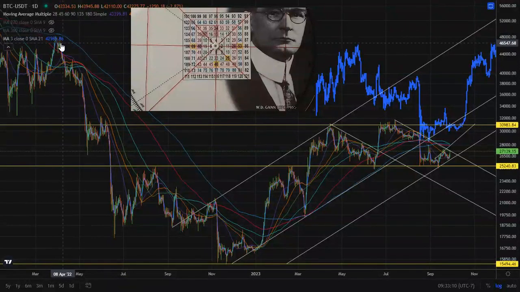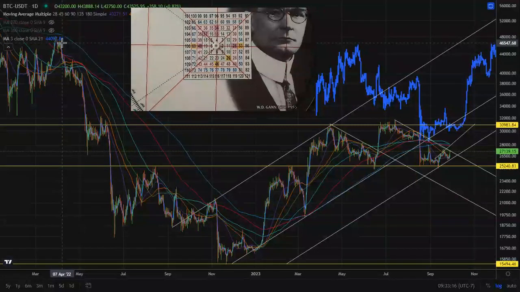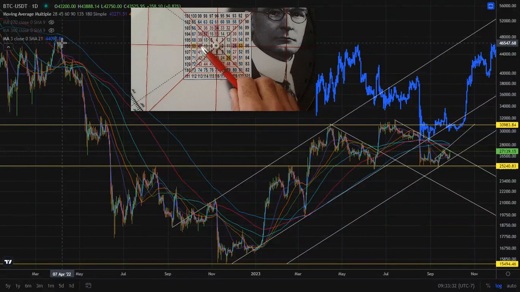And this is very consistent with our square of 9. If we were to spin around and come back up and retest 49, that would be a great place to make a short sale and watch a reaction, possibly back down to the 40 and sitting right down on our 40 here.